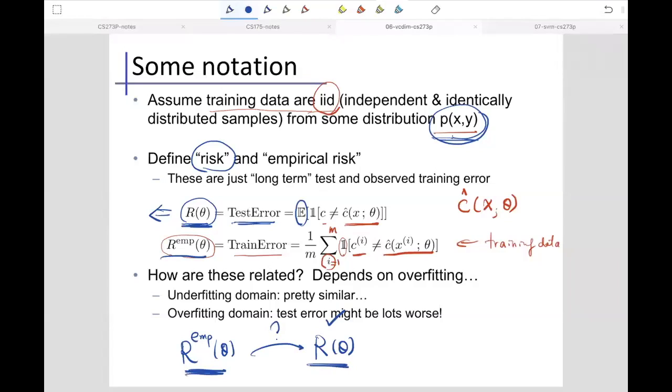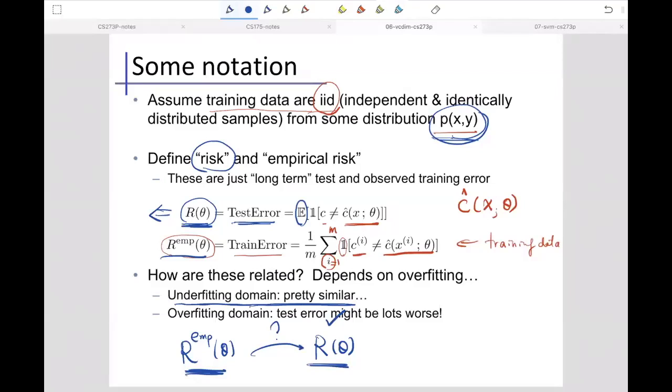Because it depends on your choice of the models. If your model is underfitting your data sets, so for instance, your y and x relationship is highly nonlinear, but you fit a very simple linear curve, so in that case it's underfitting. Under that choice, your empirical risk will be very similar to the risk. As we said, if you look at the learning curves or the performance curves, these two are very similar.